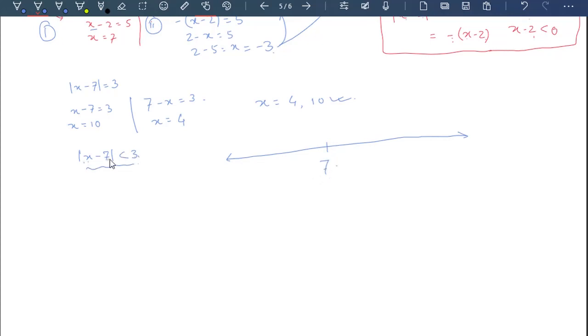The distance of x from 7 is 3. One point is 10, the distance is 3. The distance is 3, one point is 4. 7 plus 3, 7 minus 3.